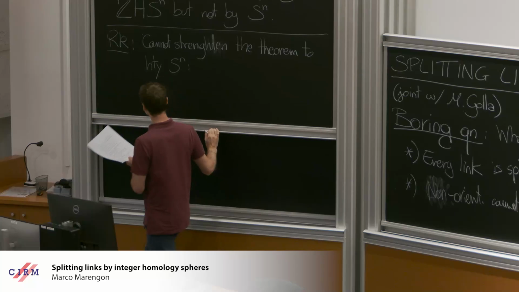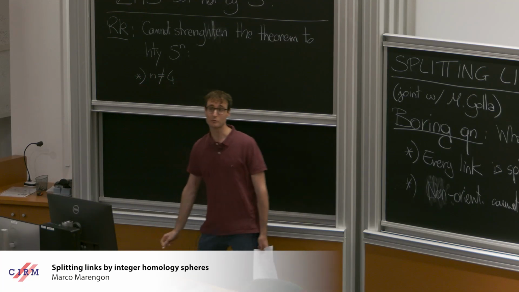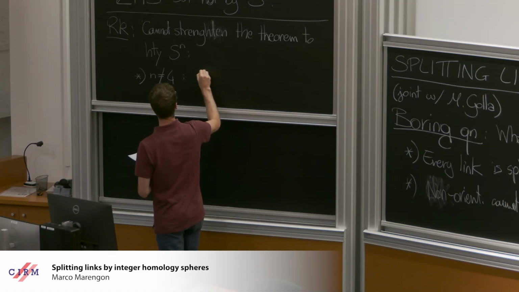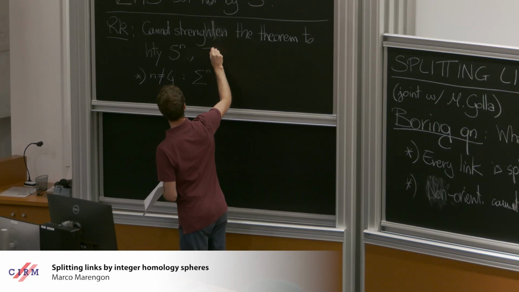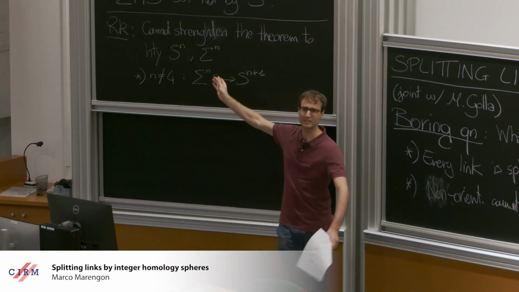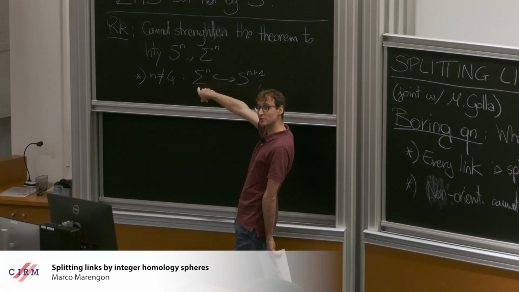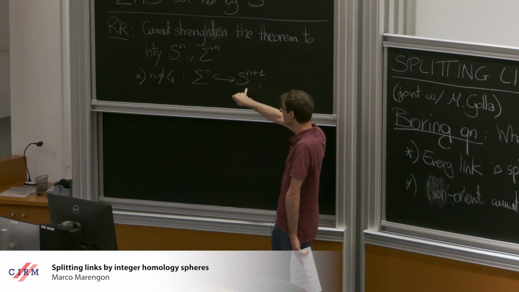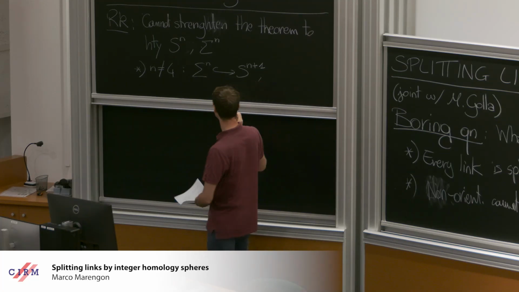for two reasons. The first one is that if n is different from 4, then if you have an embedding of a homotopy sphere, let's say sigma^n inside S^(n+1), that splits a link, but let's forget about the link for now. Then you have an H-cobordism from sigma^n to an S^n that you obtain by removing a small ball from one of the two components in which S^(n+1) minus sigma^n is split.